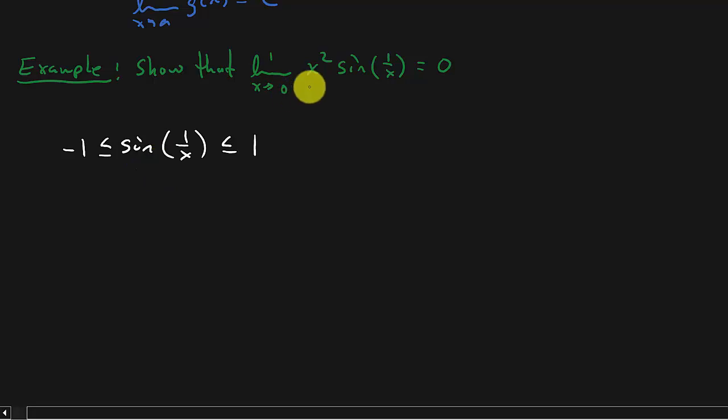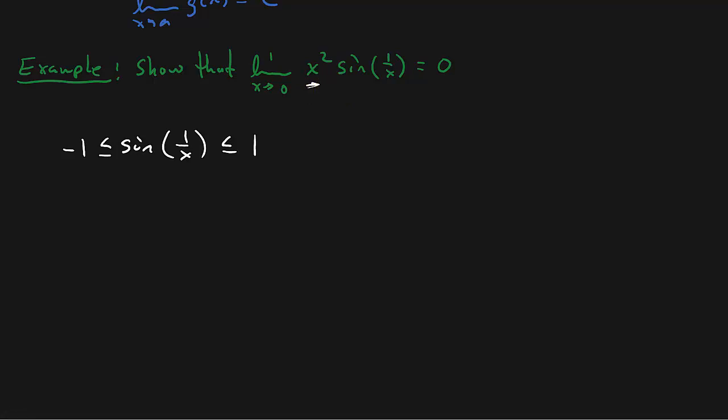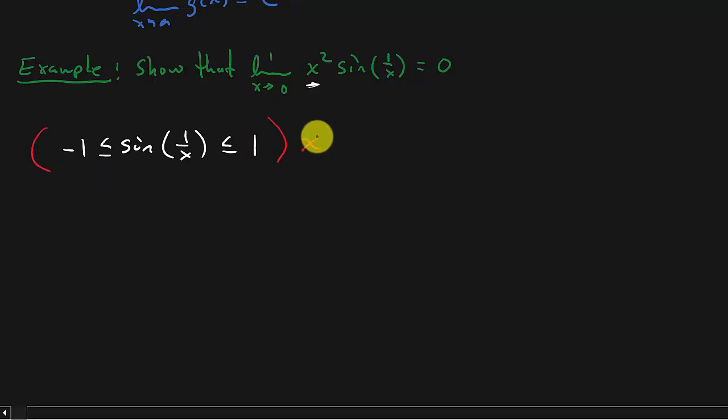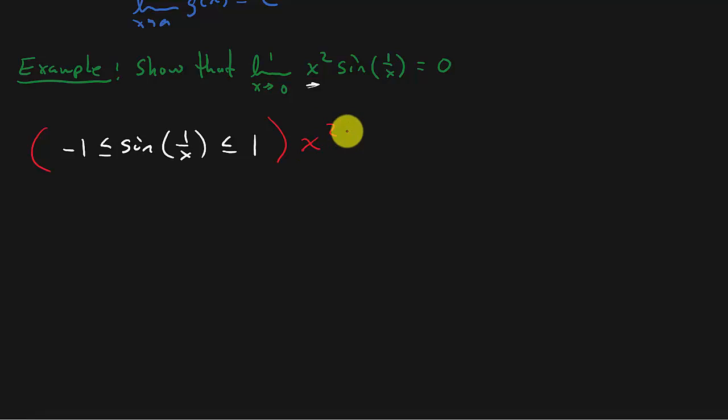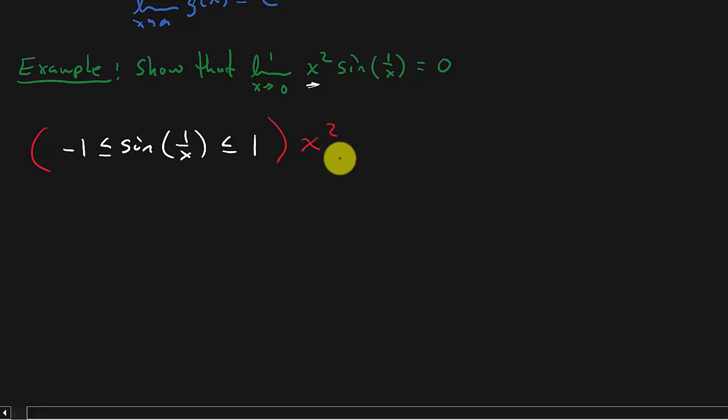But I also have this x squared. Well, I can multiply everything through by x squared, can't I? How do I know that I can do that? We know that x squared is positive, so I'm just multiplying the inequality through by a positive number.